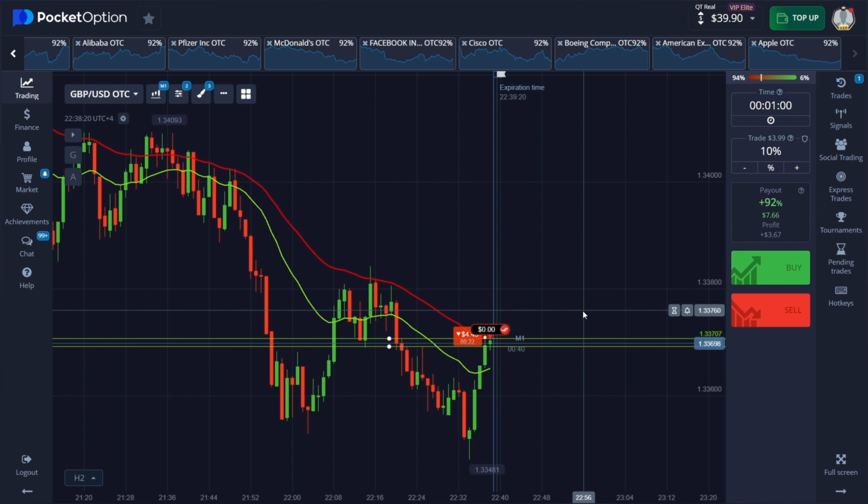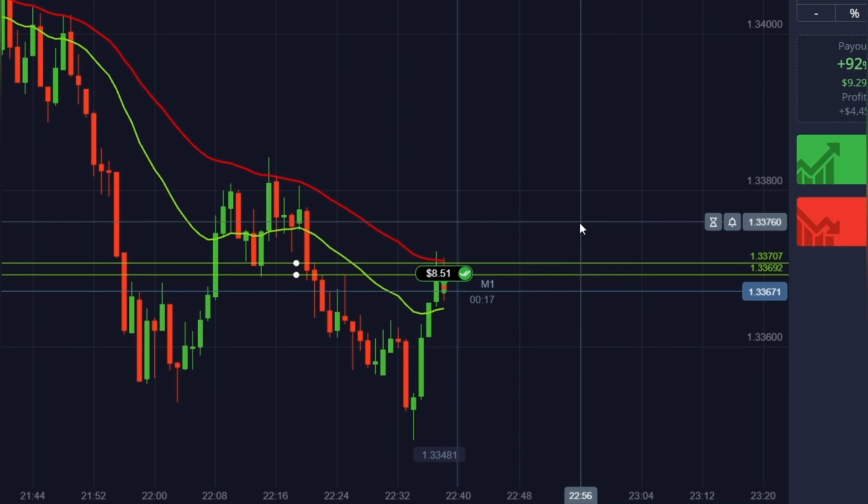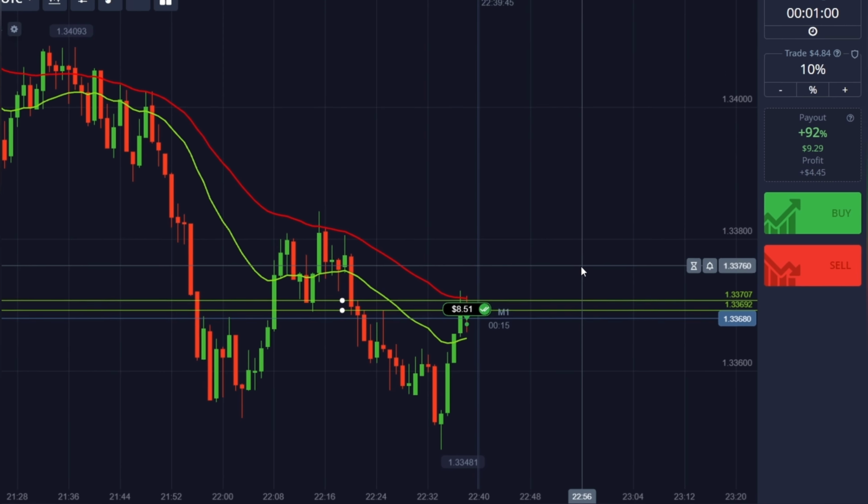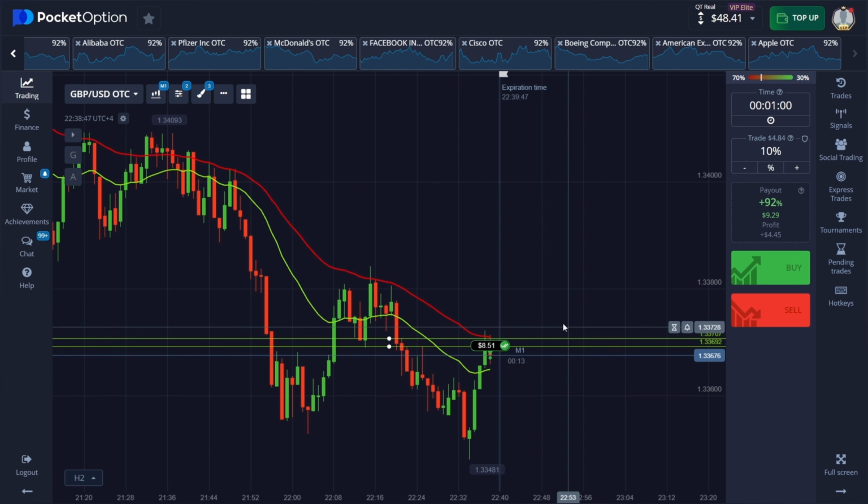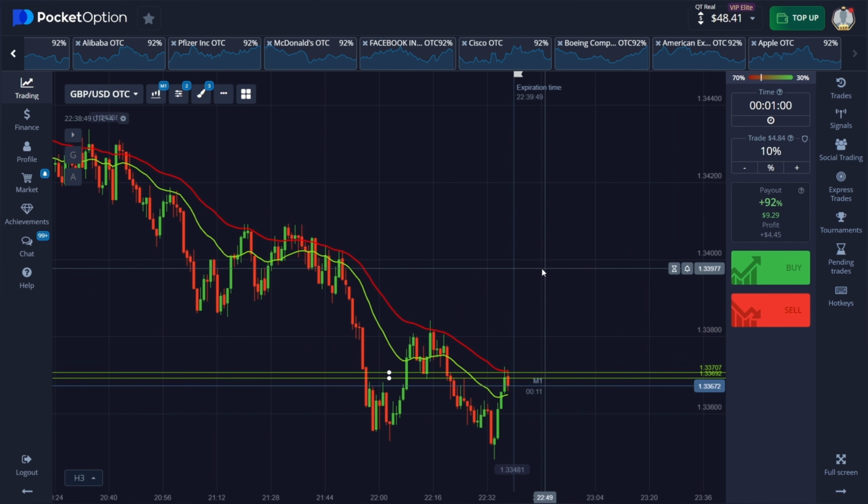Our second trade is going in our favor. It looks like a win. Yes, it's a win. So we won one trade and lost one trade on the same asset. Now my balance is $48.41.